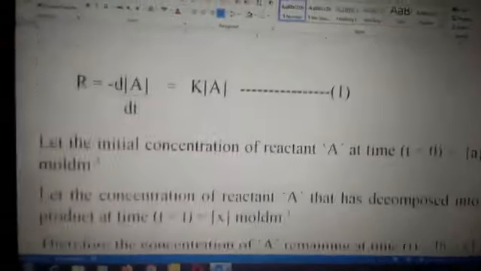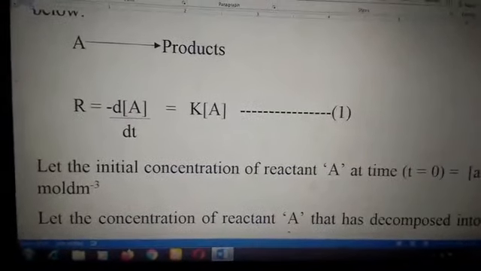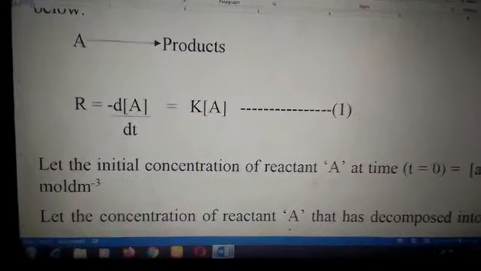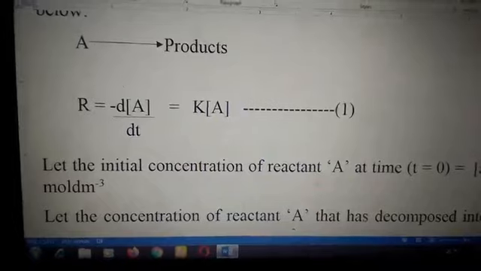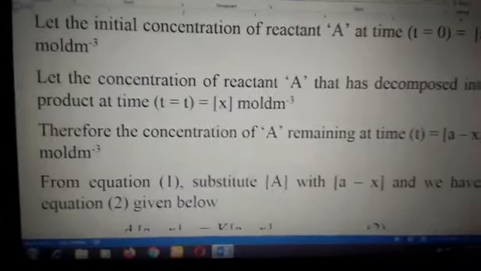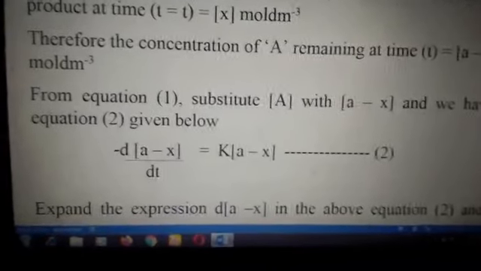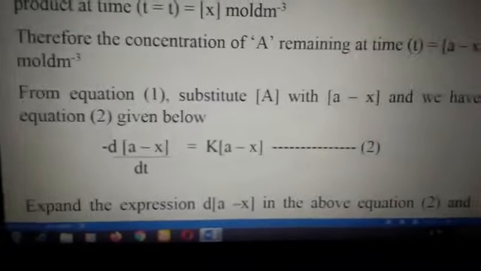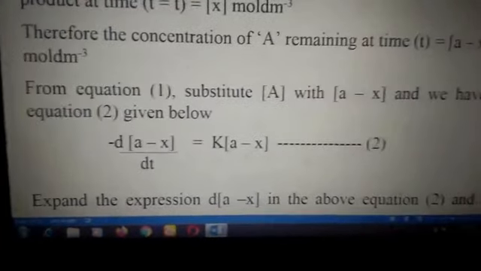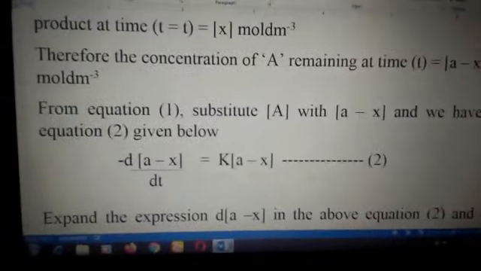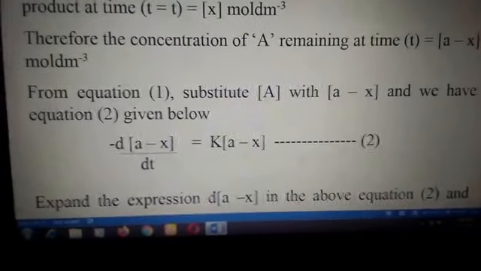We went to equation 1, where we have capital A, and replaced capital A with a minus S. That a minus S represents the concentration that is present at time T. So this is substitution, replacing big A with a minus S on both sides. We now have a minus S here and also a minus S on the other side. So that is equation 2.